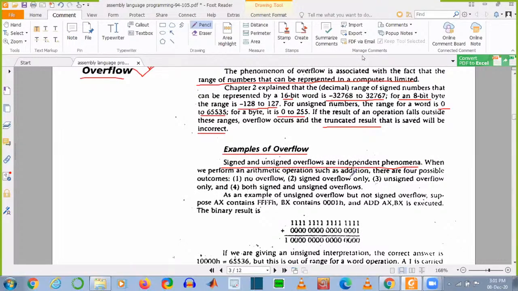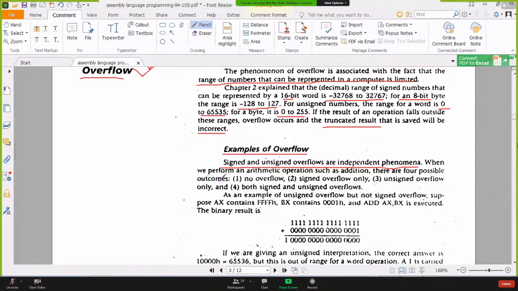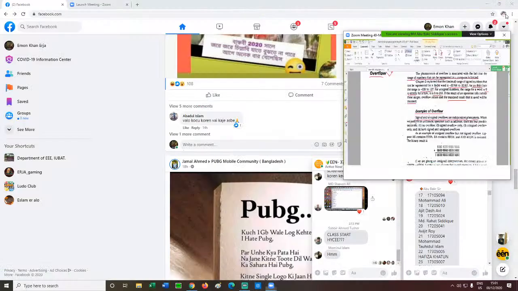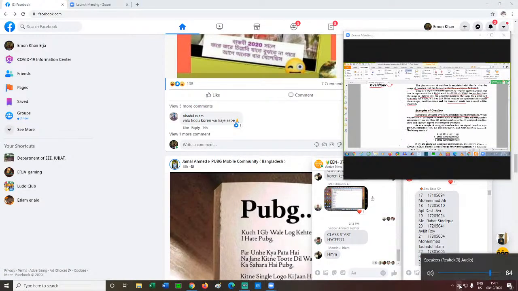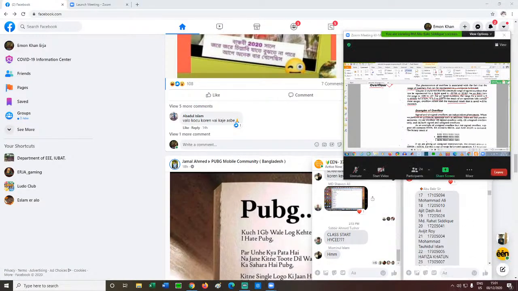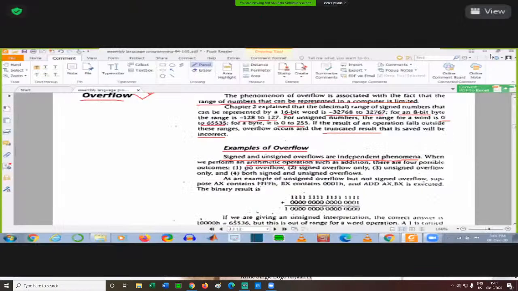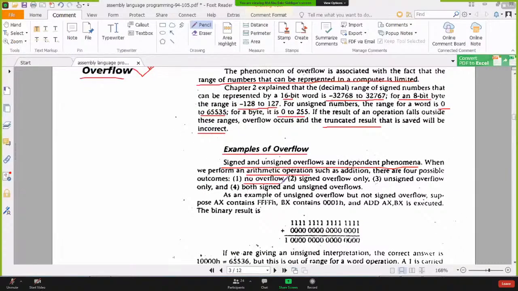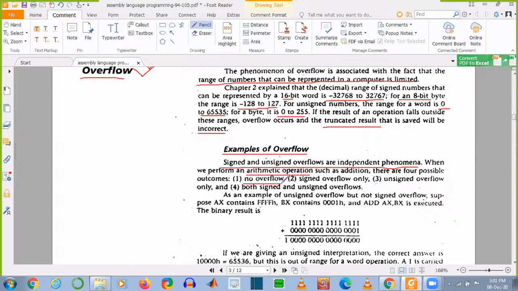There are four possible outcomes. There are four possible overflow may happen. So if you perform an arithmetic operation, then what are the possibility of overflow? First possibility, there will be no overflow, no sign overflow, no unsigned overflow. Case number one.